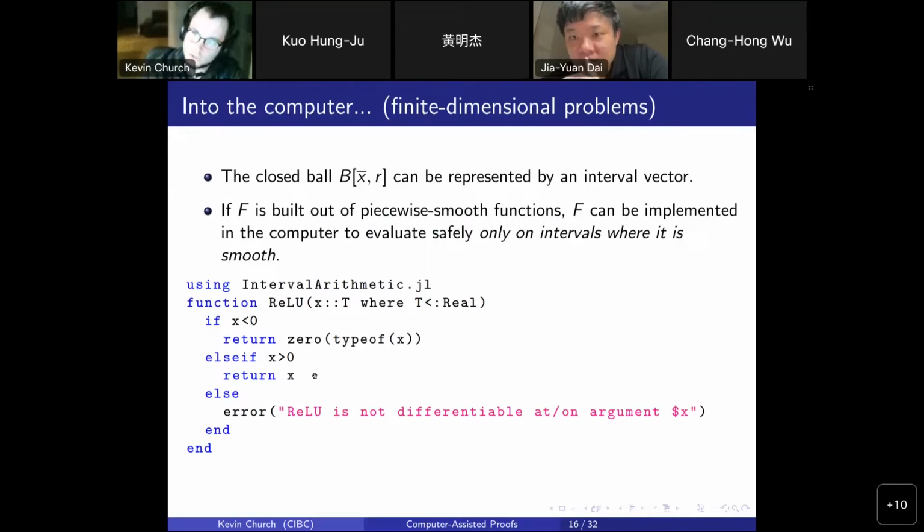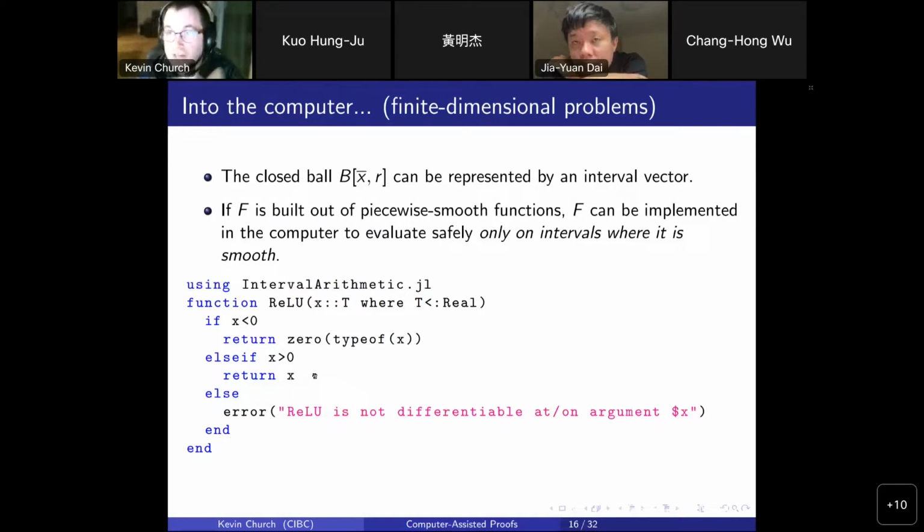One thing we can do is recognize that in my example from before, my map f is a composition of a bunch of piecewise smooth functions. The really important piecewise smooth function that I'm working with is the rectified linear unit.